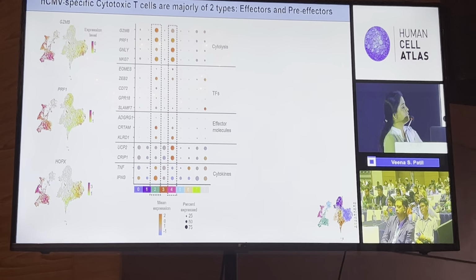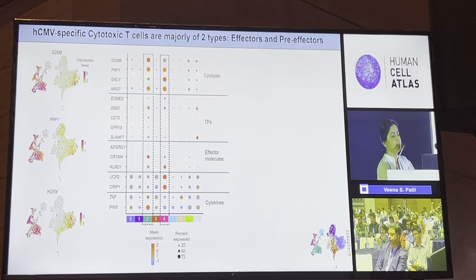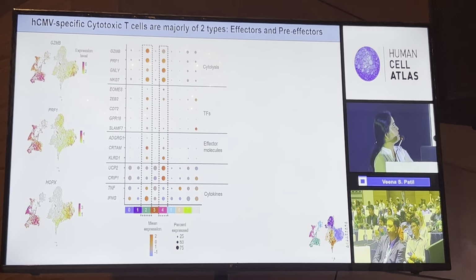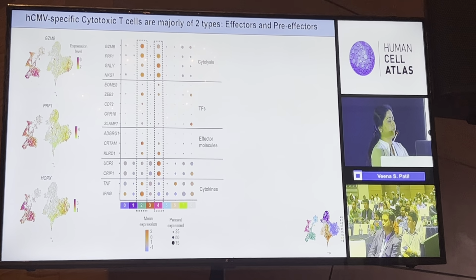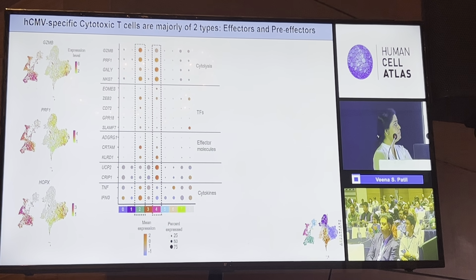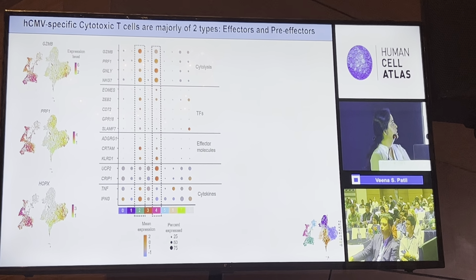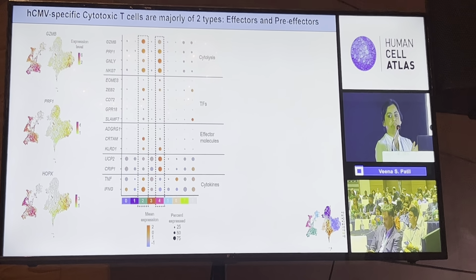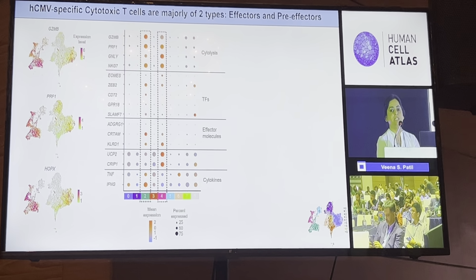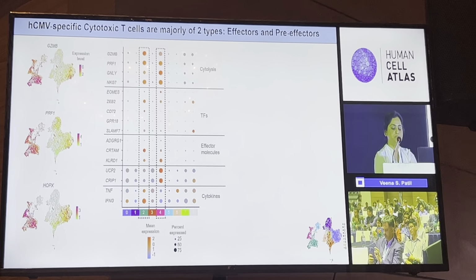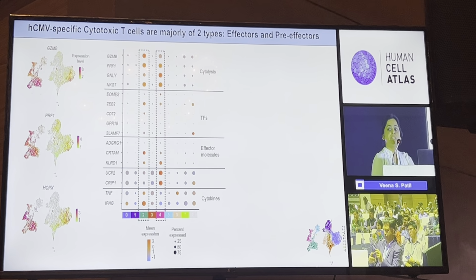One was granzyme. The granzyme-expressing cluster also made cytokines, while the other cluster expressed a higher amount of granulysin compared to granzyme, and they did not really make the cytokines. And the late effector-specific transcription factor, like ZEB2, was expressed in the cluster that was making cytokines. The other cluster was expressing a slightly earlier transcription factor like EOMES, indicating that they're probably at different developmental stages.